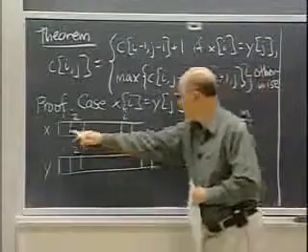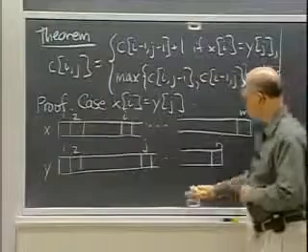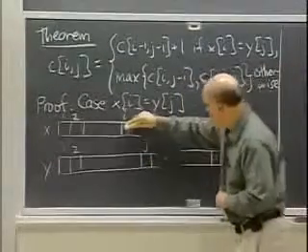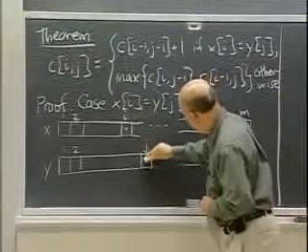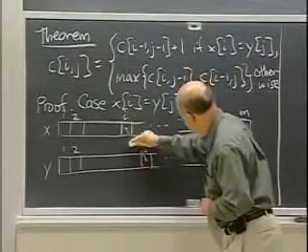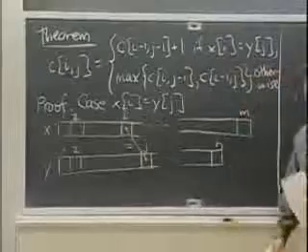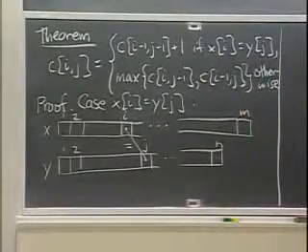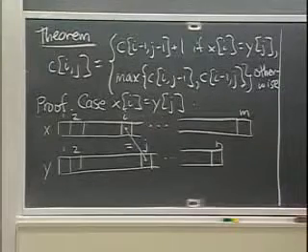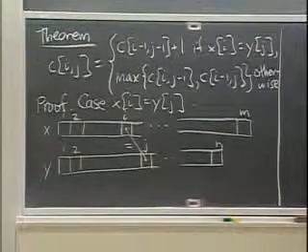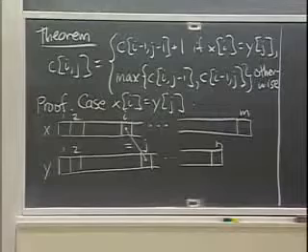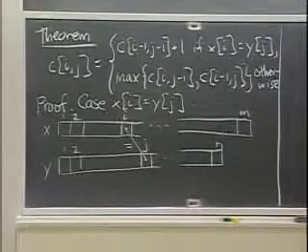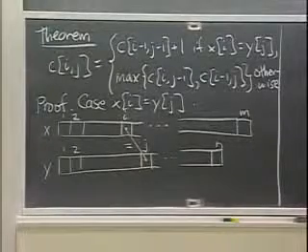Here's my sequence x, which I'm drawing as this elongated box, sequence y, and I'm saying that x of i and y of j, those are equal. Okay, so let's see what that means.